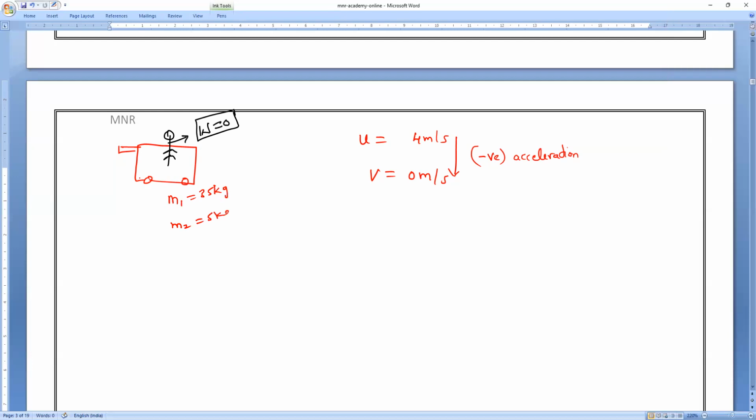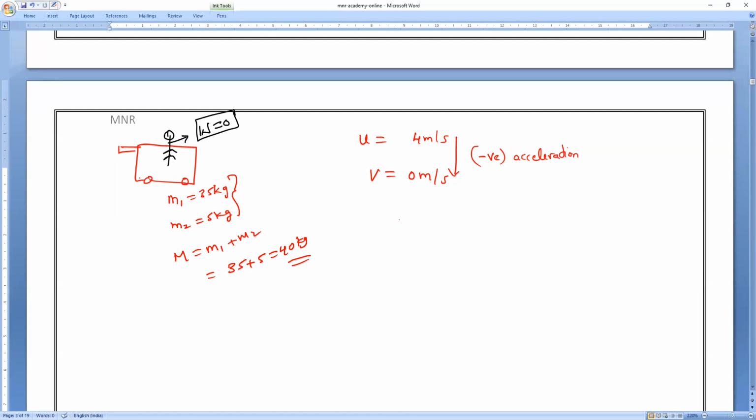Mass of the trolley plus mass of the girl. Why? Both are inside, the girl is inside the trolley. So what is the total mass? M1 plus M2, 35 plus 5, which is equal to 40 kg.